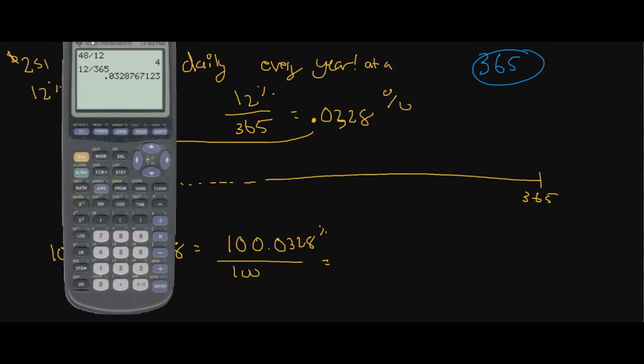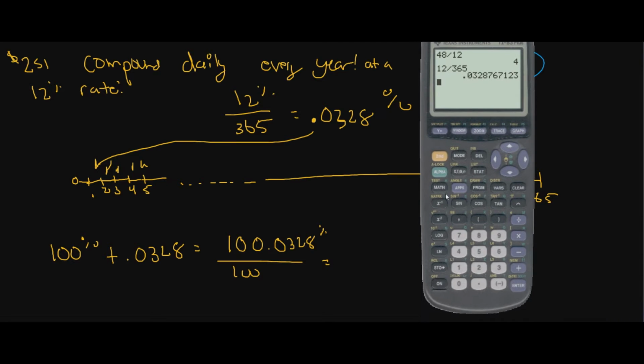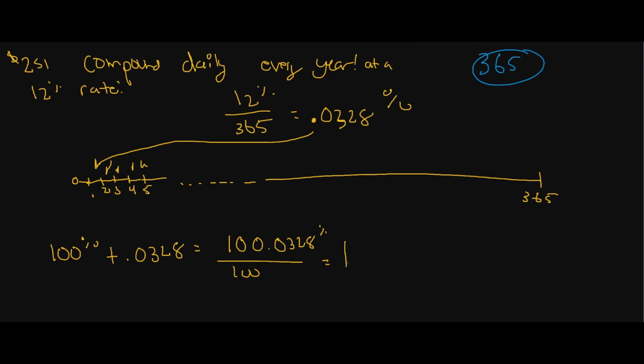Let's just do it here: 100 plus 0.0328 gives 100.0328, and then we divide that by 100. And we get 1.000328. This is my new constant multiplier.